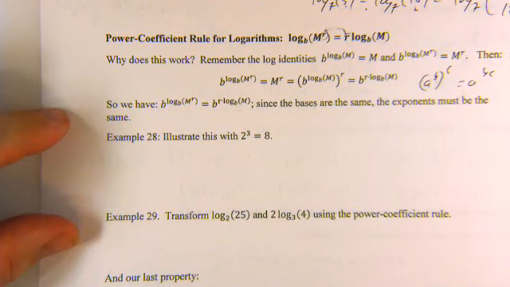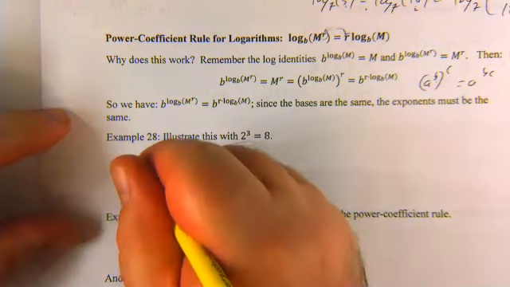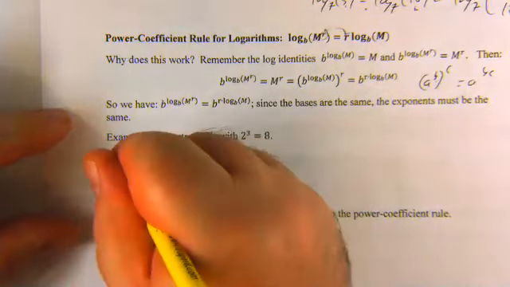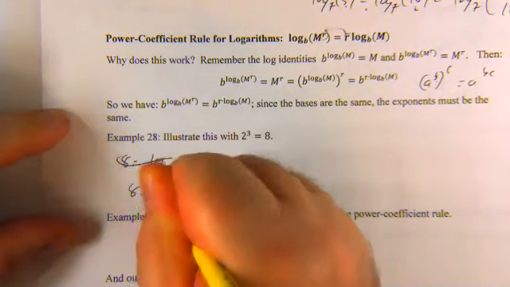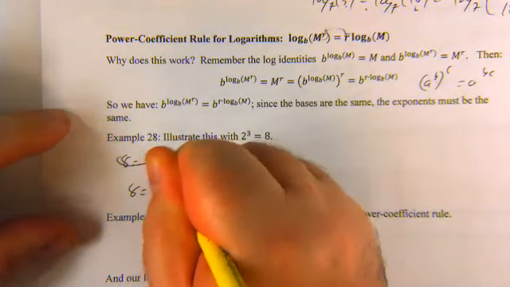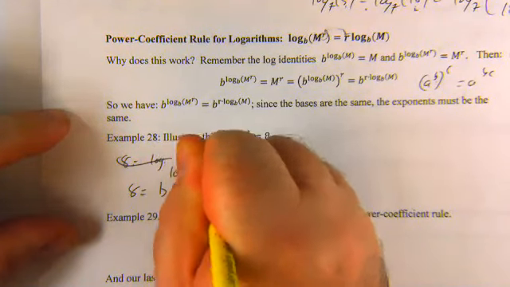So 2 cubed equals 8. We know that 8 equals the base raised to log base b of 8.